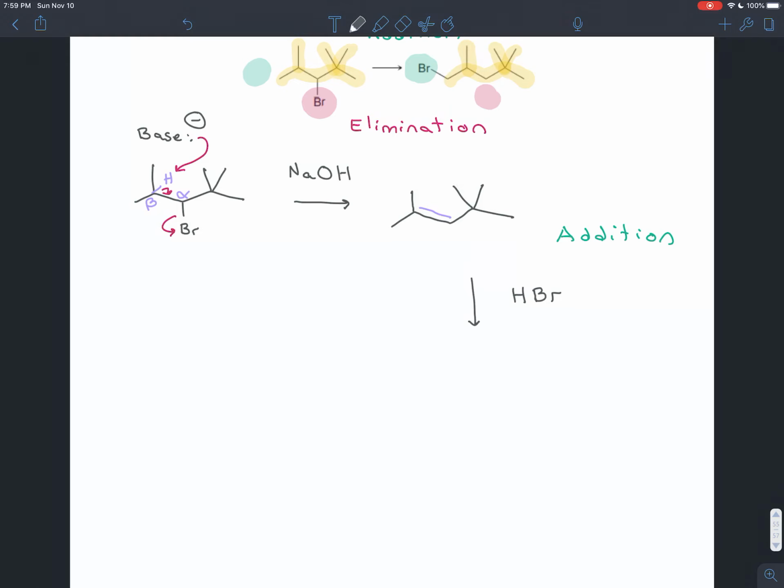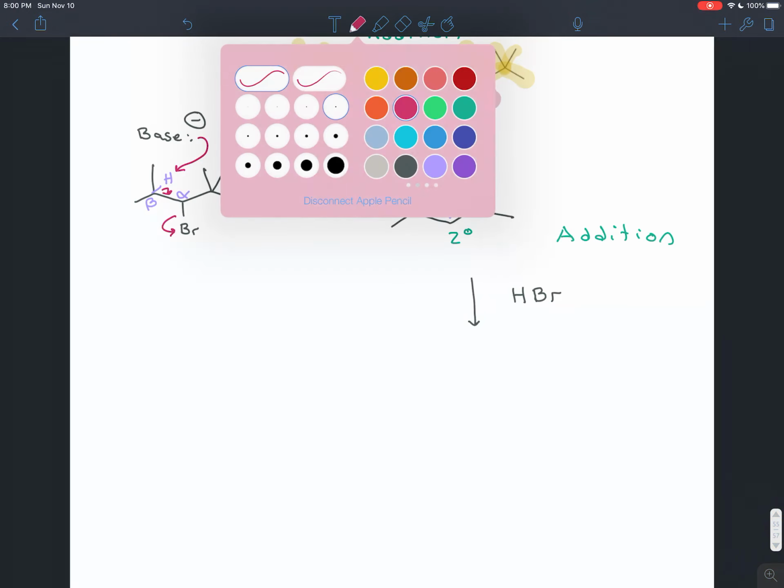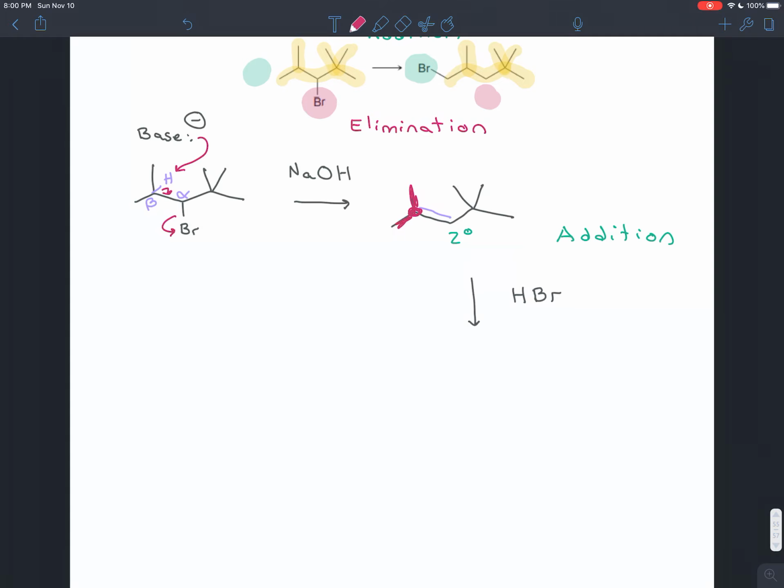The question is, do we want Markovnikov addition or anti-Markovnikov addition? Should we add a peroxide to make the addition anti-Markovnikov? Well, the carbon on the right is bonded to two carbons, and so that is secondary. The carbon on the left in the double bond is bonded to three carbons, and so that is tertiary.